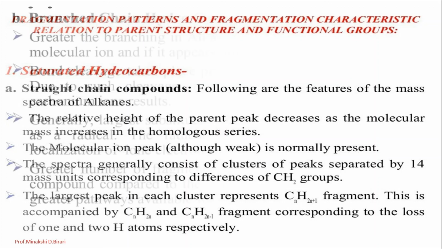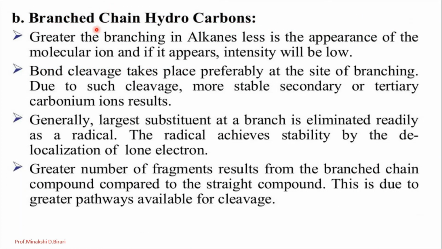For branched chain hydrocarbons, the greater the branching in alkanes, the less appearance will be observed for the molecular ion, and its intensity will be low. So as compared to straight chain alkanes, in branched chain alkanes the molecular ion peak is less intense, and the appearance of the molecular ion is also less.